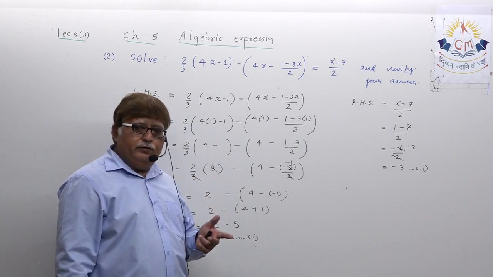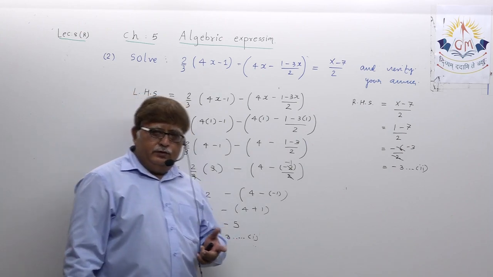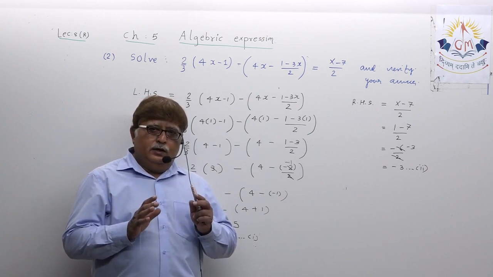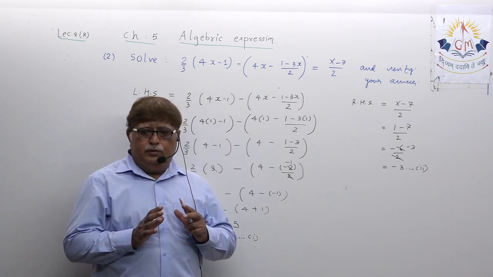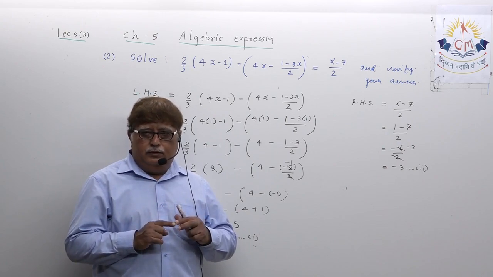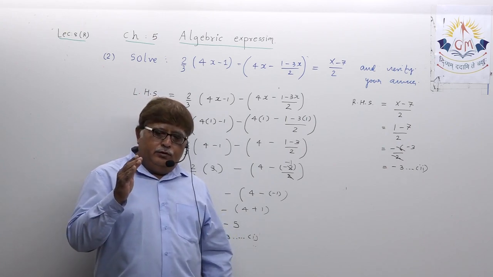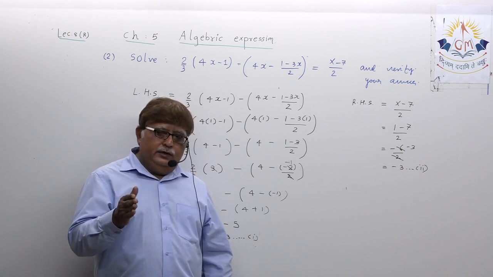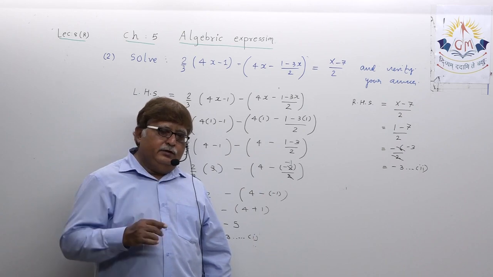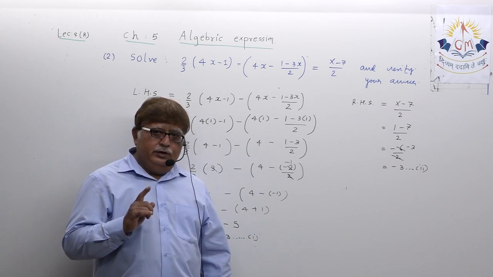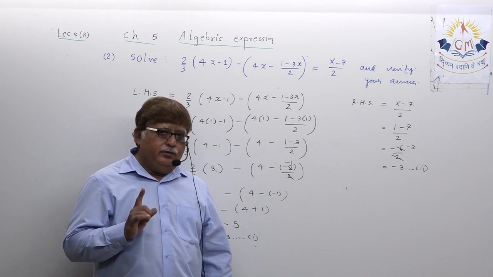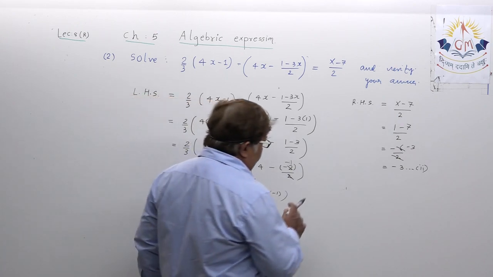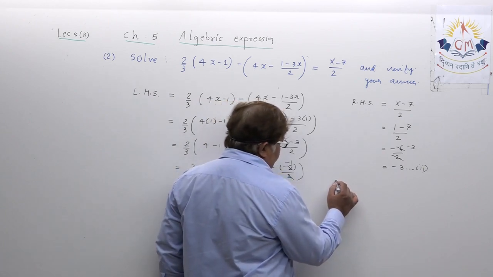You understood? This is called verification: once you got the answer of the variable, x equal to 1, then you need to substitute that answer in LHS and in RHS, and you need to verify that you get the correct answer. So what will you write at the end, dear student?